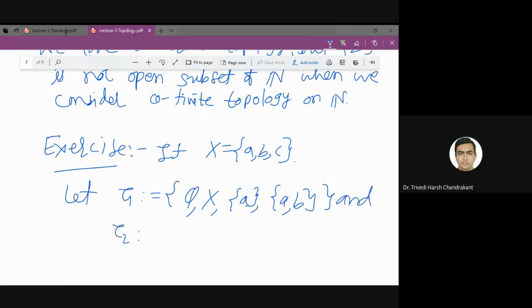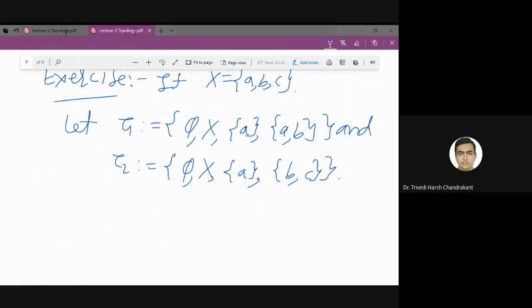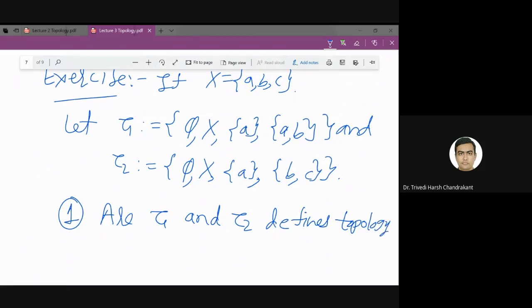Another collection I am defining is phi, X, {a}, and {b, c}. So the first question is: do tau1 and tau2 define a topology on the given set X?